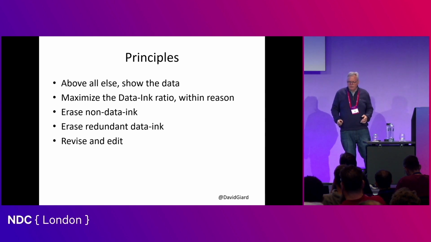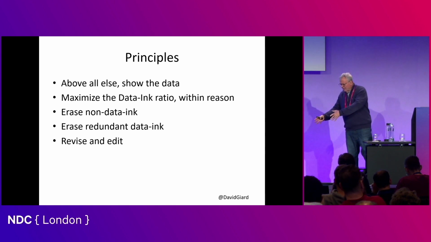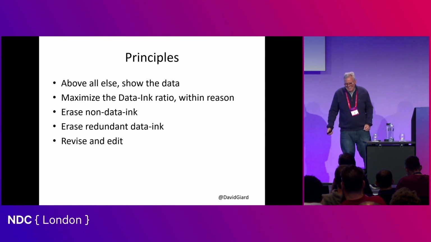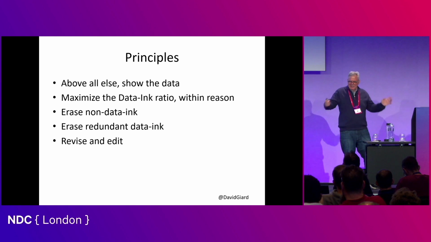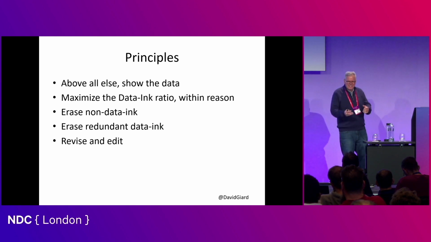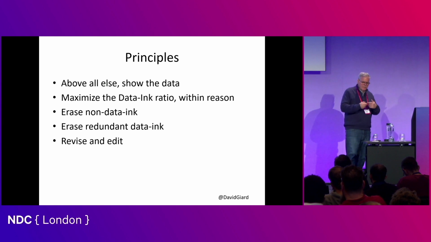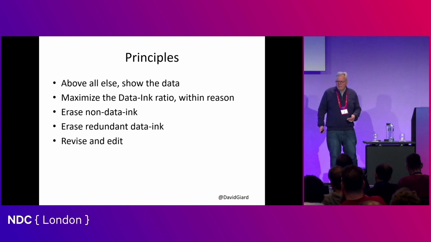I had so many projects as a consultant that said, replace this Excel system with a client-server database system. But we wanted it to look just like Excel, with all these grid lines and everything. No, and I'd say, let's remove these grid lines, see if it looks a lot better. So maximize that data ink ratio, present it to your viewers, but within reason.